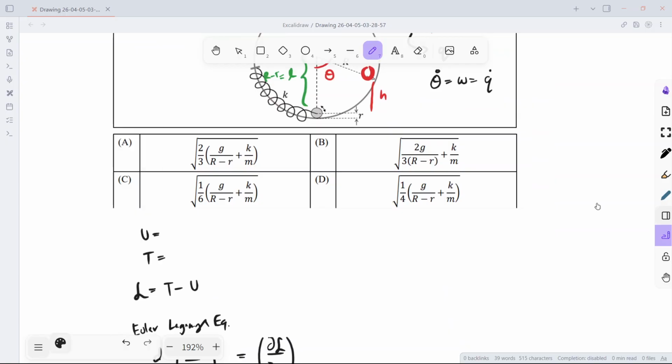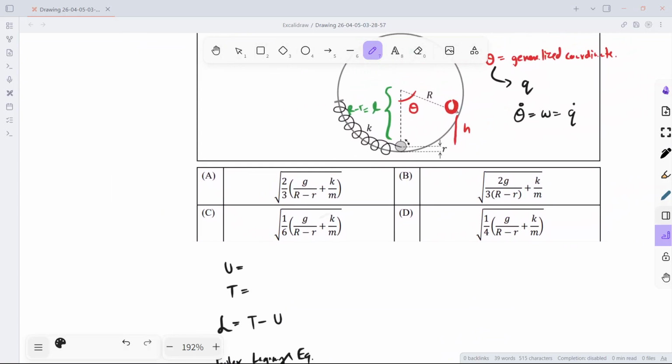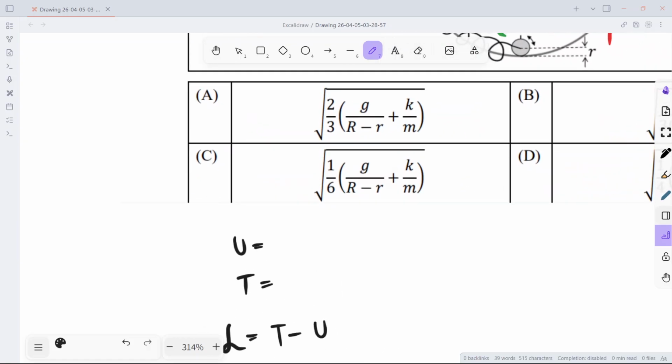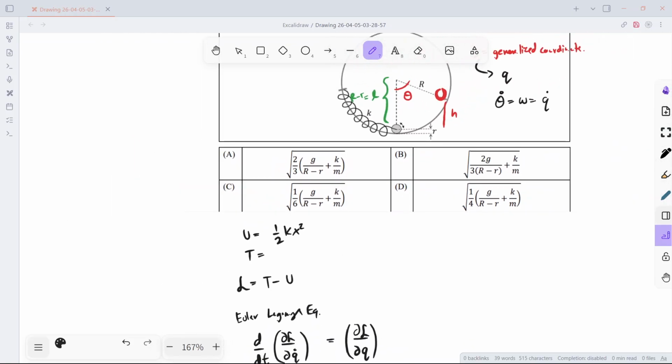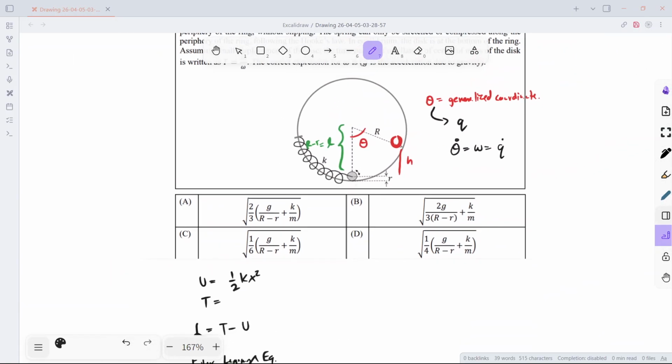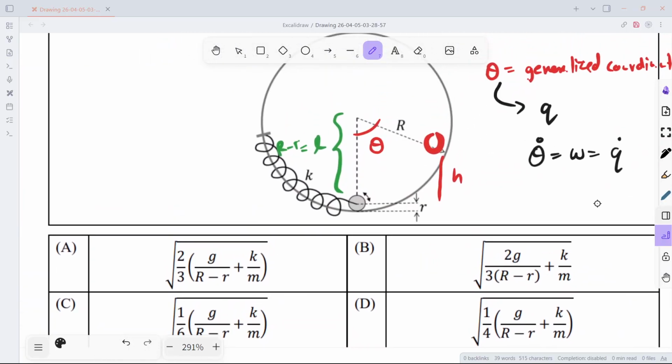So let's see. The one related to the spring, again, the spring's potential energy is half kx squared. X in our case will be whatever this length here is.